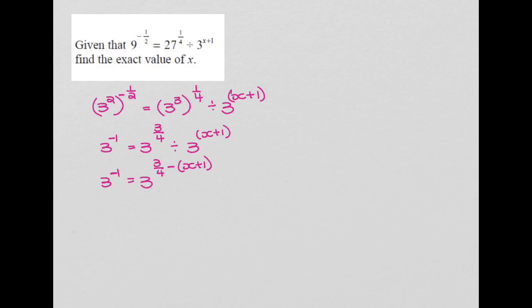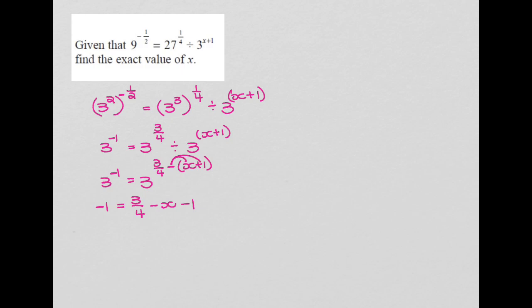Now, if you forgot that bracket, you are going to get that plus 1 incorrect, because in my next step, I'm going to expand. So I've got the same base on either side. I can drop the base. Powers become equal. So negative 1 is equal to 3 over 4. Negative times x is negative x. Negative times 1 is negative 1. See, so without that bracket, you are going to write plus 1, which would be wrong.